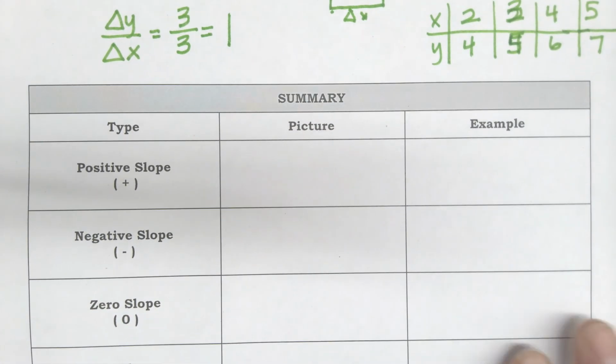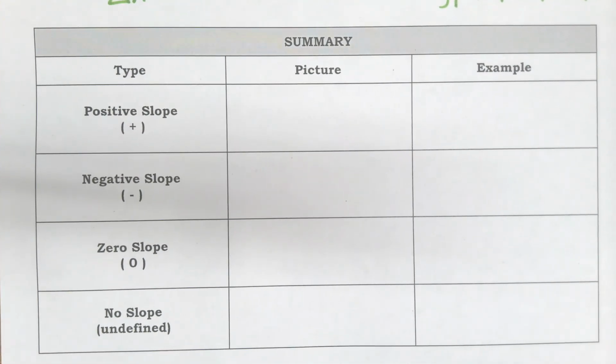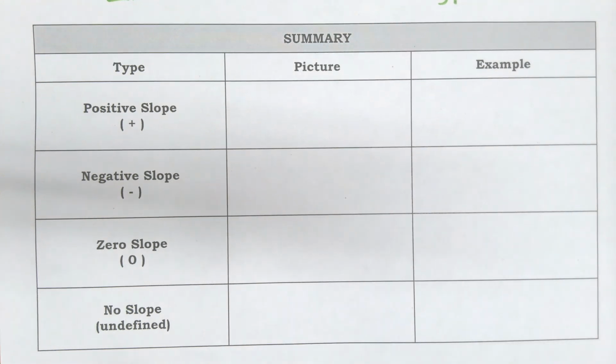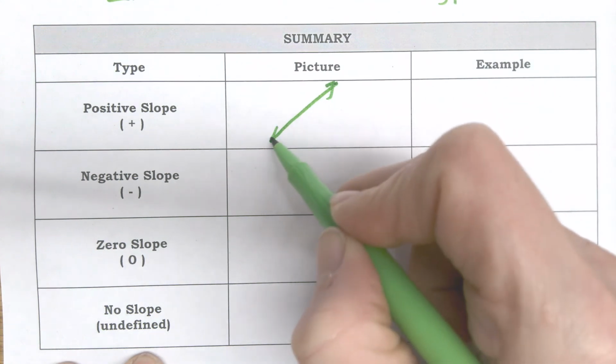All right, we're going to finish up today just with a quick summary. And then you're going to be asked to work on the homework for 2-1. And so we're going to talk about positive slope and give an example, negative slope, give an example, zero slope, and undefined. Positive slope rises from left to right.